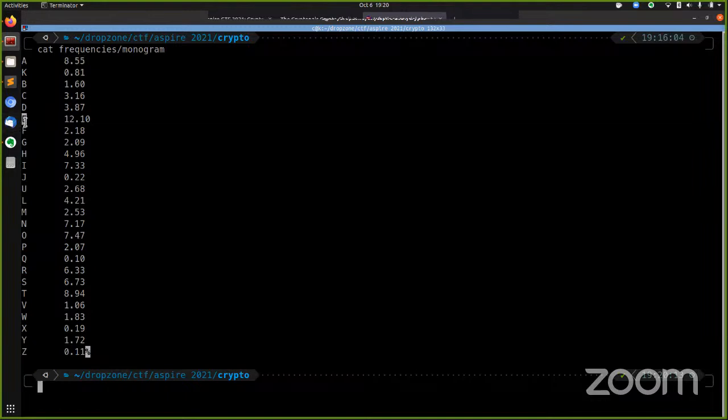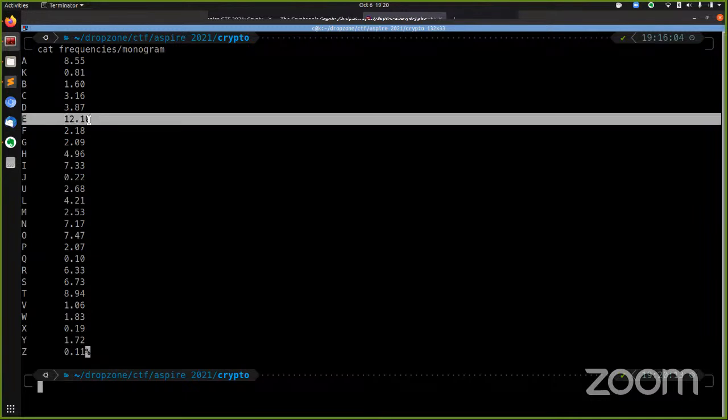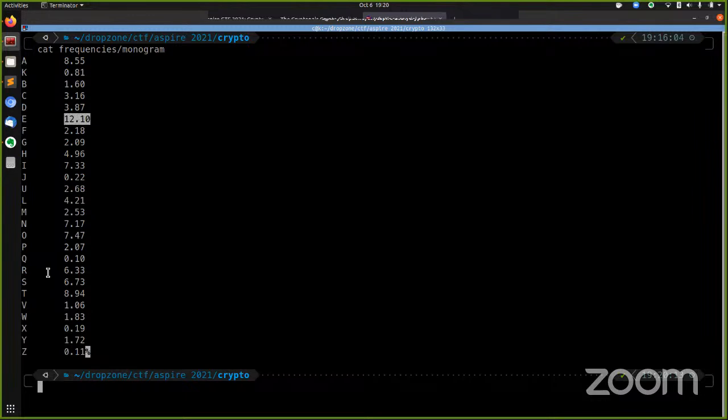In any random sentence, the likelihood of finding an E is 12%, and the likelihood of finding a Q is 0.1%. So we can use these relationships to try and guess what the plain text is.